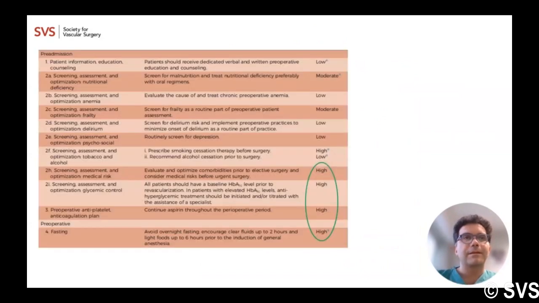And looking to the recommendations, in the pre-admission, we suggest with a high grade the screening of smoking cessation, also the medical and cardiological risk, and also glycemic control before the intervention, and medical treatment with antiplatelet or anticoagulation.